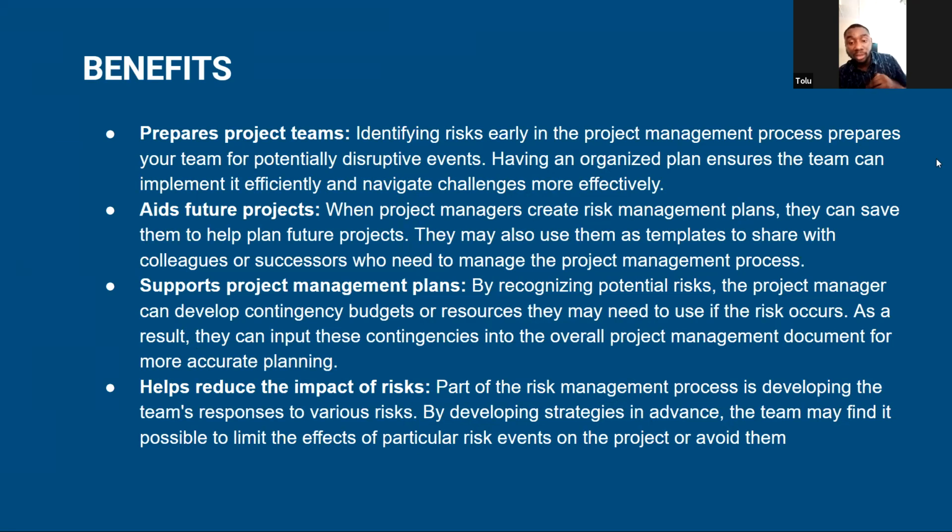So as you are creating plans and you have a risk management plan already in place, it helps a project manager to plan very well. He knows the amount of resources he will need because he has the risks in check. So his planning will be more accurate than someone that doesn't have a risk management plan.